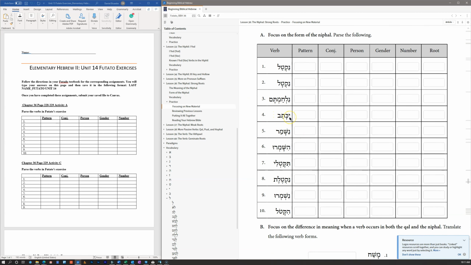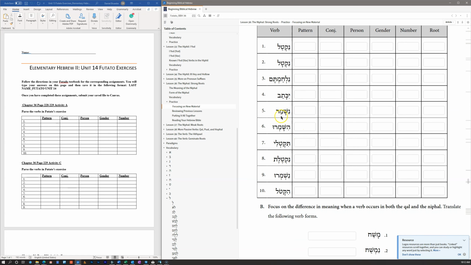So number 4, Niphal imperfect. Yod indicates 3M. Lack of suffix indicates singular. Number 5, we've got nishamer. All right, so again, we've got a noon hirik at the beginning. That could be Qal imperfect 1CP. But we've got this Dagesh Forte in R1, and that's a sign that we're actually looking at a Niphal imperfect.